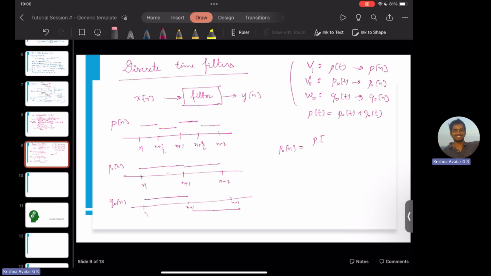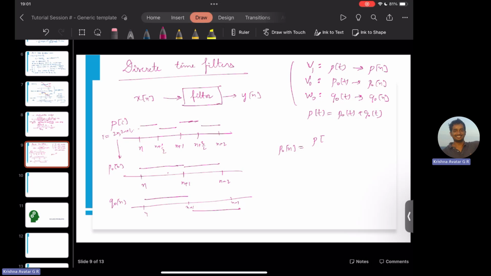So that's the reason we always choose some sort of expansion, say P of I, where I takes up values such as 2n, 2n plus 1, so that it's consistent with this.